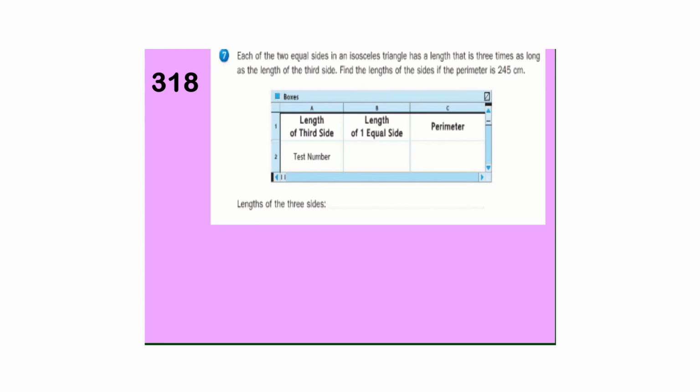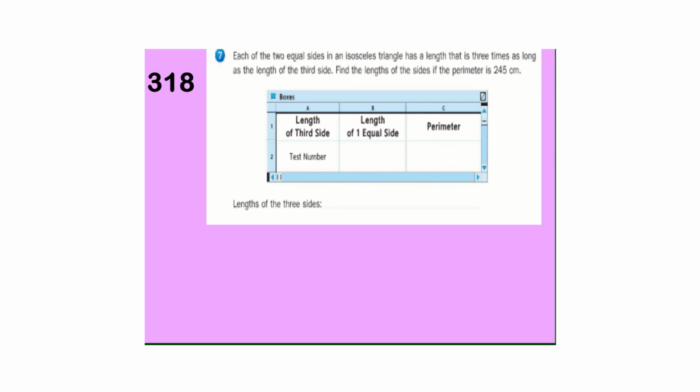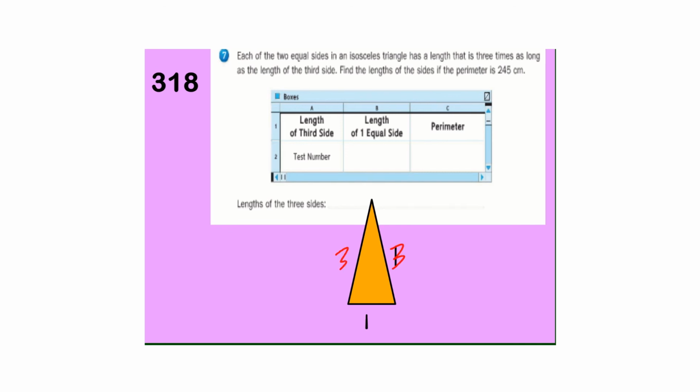All right, an isosceles triangle means a triangle where two sides are the same length. Each of the two equal sides has a length that's 3 times as long as the third side. Let me see if I can draw you a picture of that. If this is 1, this would be a 3. 3 times as much.